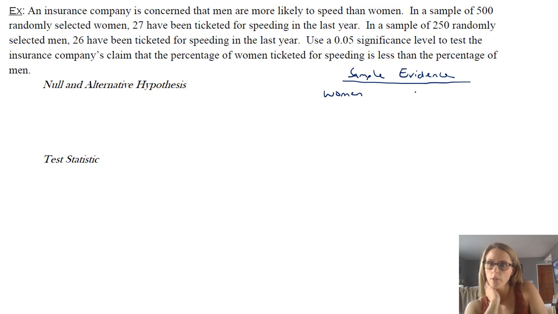So a really good thing, even more than in Chapter 8, is to put your sample evidence, because you have two sets of data here, two sets of sample evidence. And so for women, I'll call that X1, N1, and then that will give me my P1 hat. And then for men, I'll have X2, N2, and therefore P2 hat.